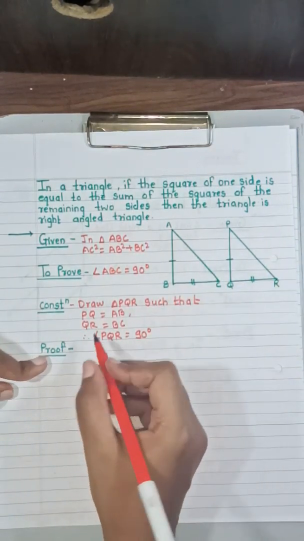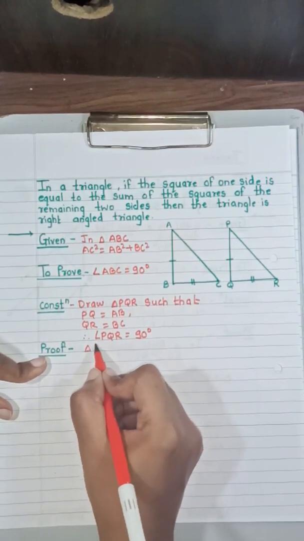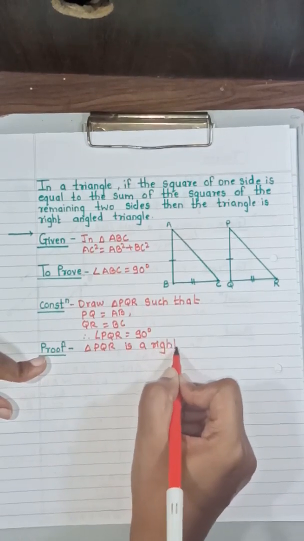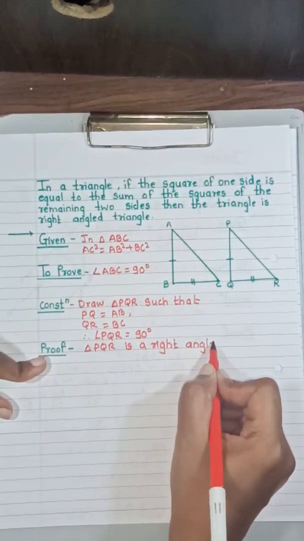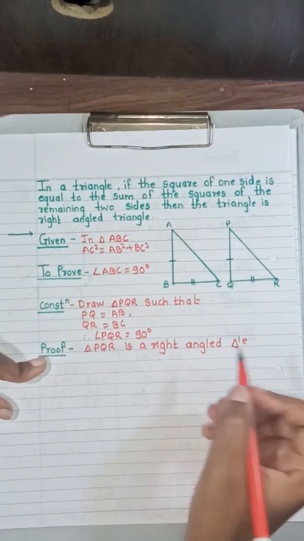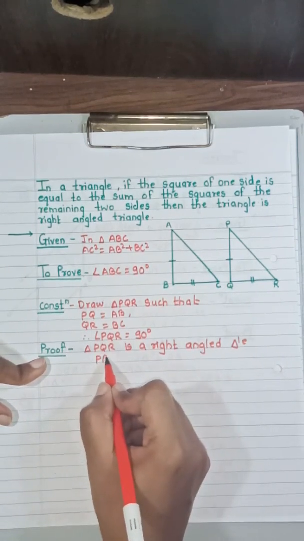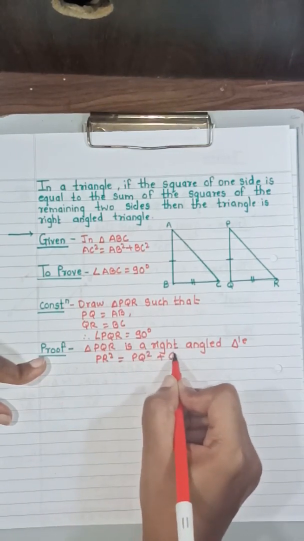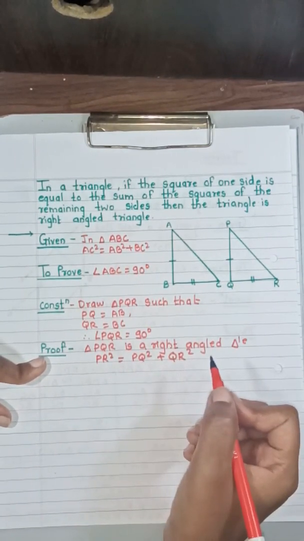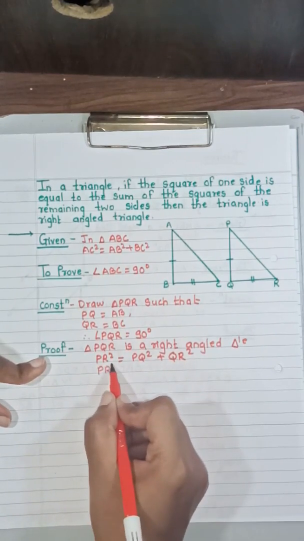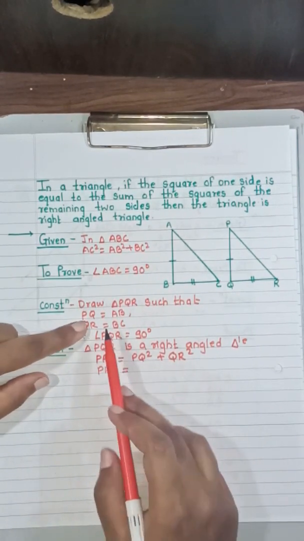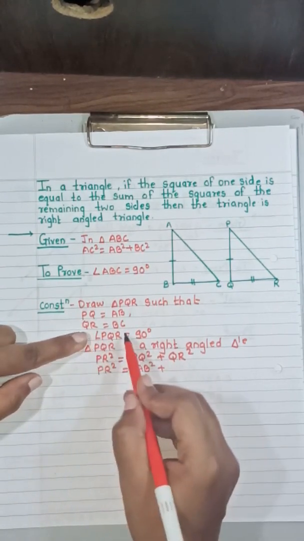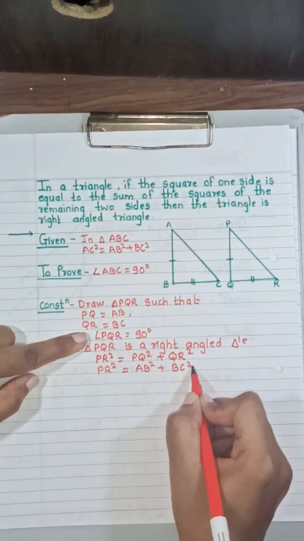Now in proof we can write down triangle PQR is a right angle triangle, therefore PR square is equal to PQ square plus QR square. Now PQ is equal to AB, so I can write down here AB square, plus QR is equal to BC, so we can write down here BC square.